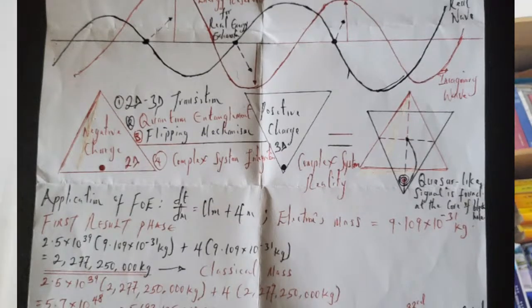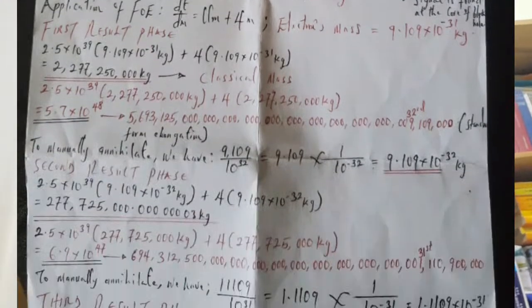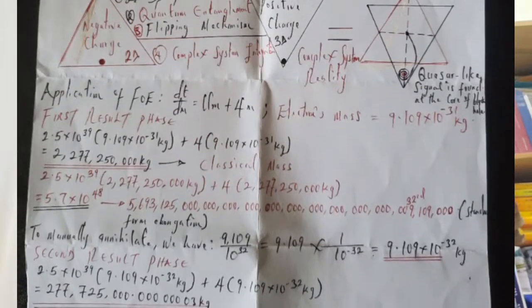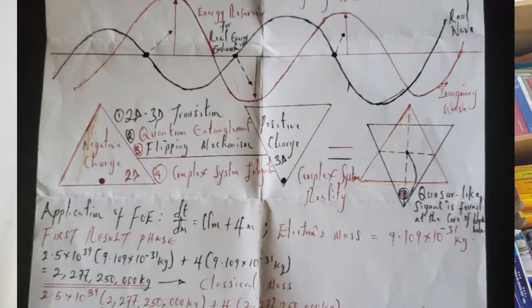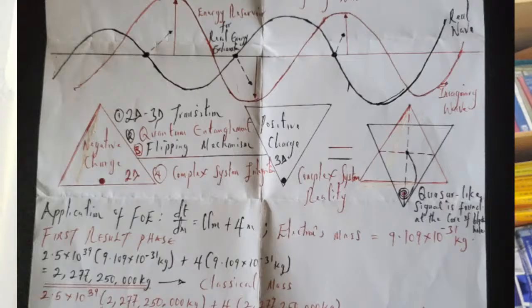And so now, we have the equilateral triangle. So the equilateral triangle of the expanding cosmological space is different from the contracting black hole phase. You understand?